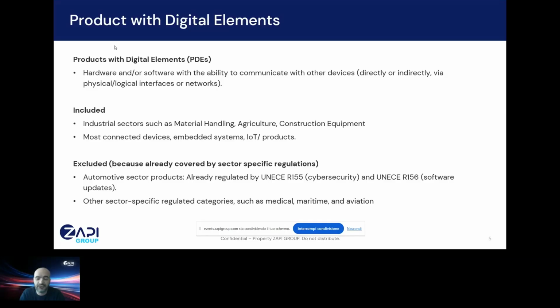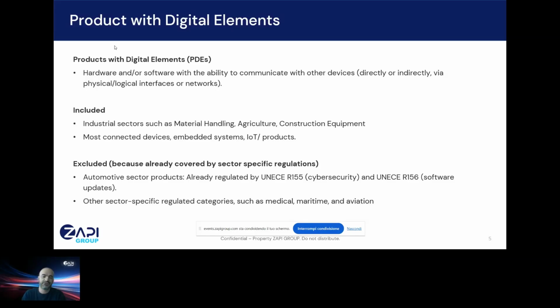This sector is already covered by other cybersecurity regulations, such as the R155 and R156, that already impose stronger constraints to the CRA. So there is no reason to include this product into the CRA.